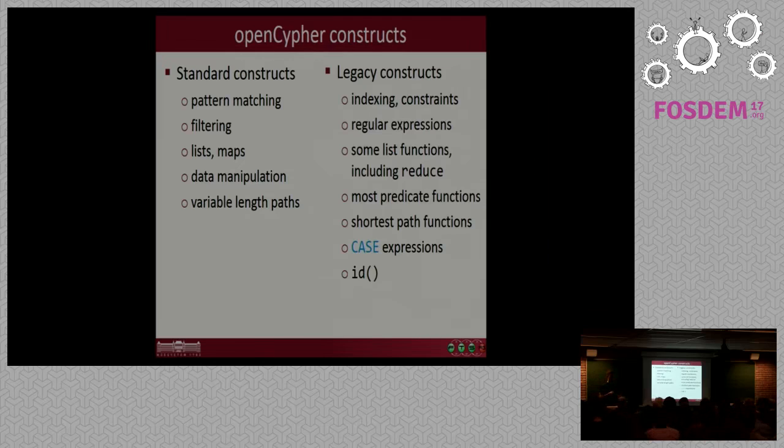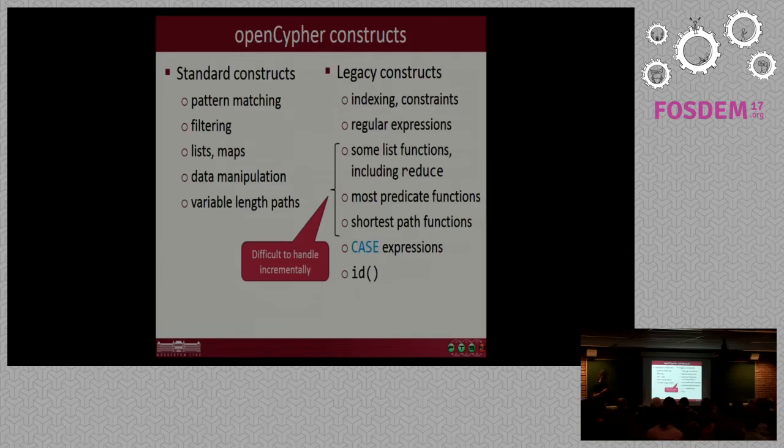And there are a lot of predicate functions removed, functions that calculate the shortest path, case expressions, and IDs. And interestingly, and somewhat accidentally, some of the legacy constructs are also very difficult to handle internally. So in our prototype implementation, we do not focus on the legacy constructs, but try to implement a meaningful set of the standard constructs in openCypher.